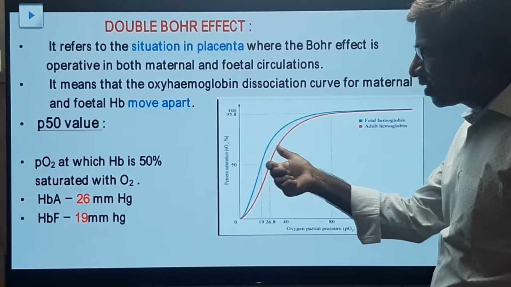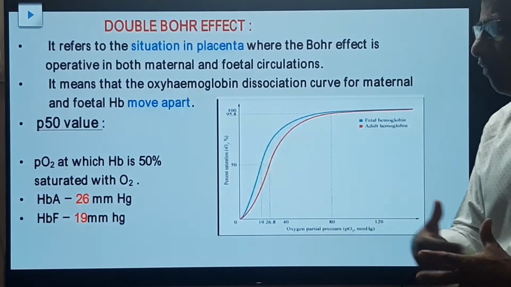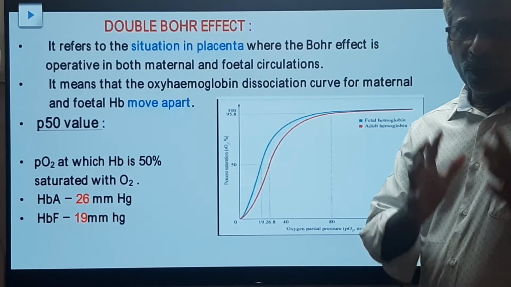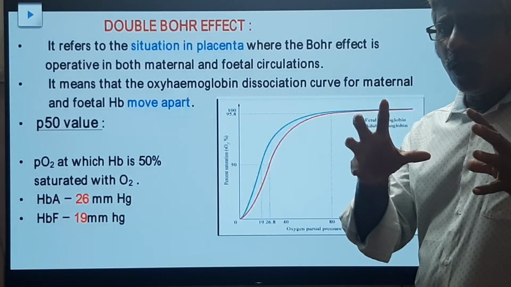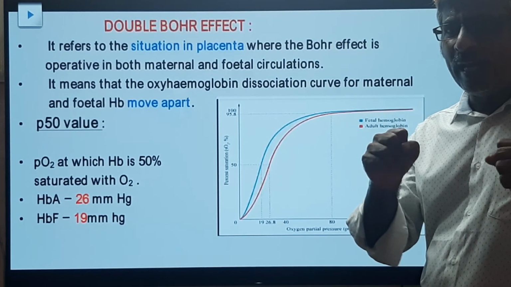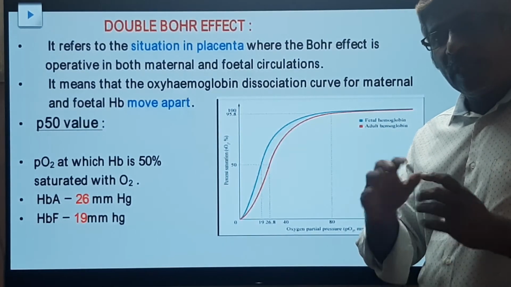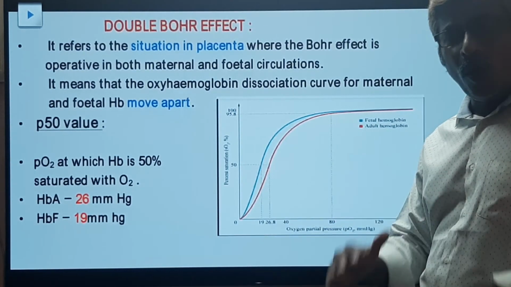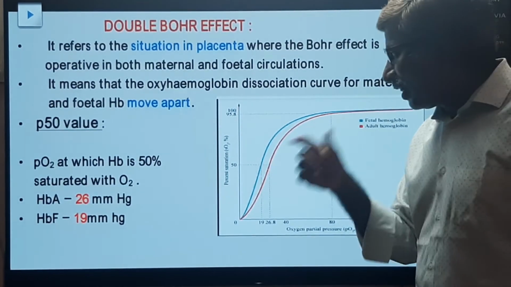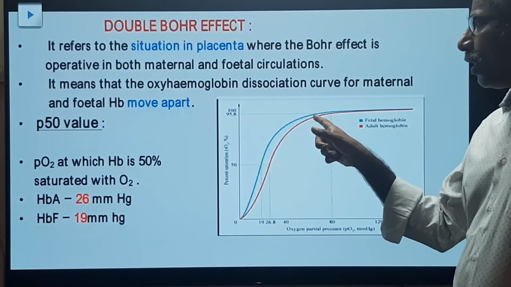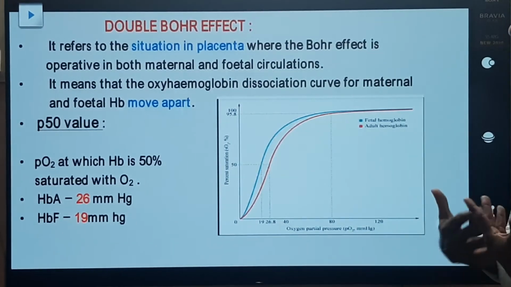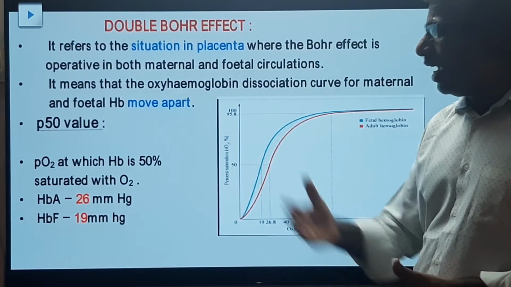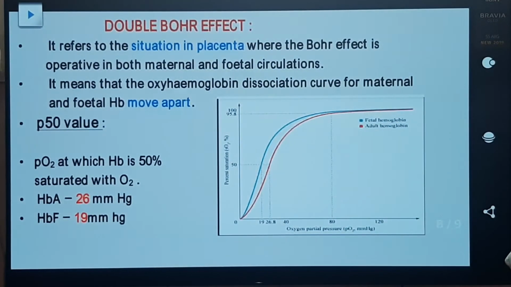That's why this is called the double Bohr effect. Hope you understand. Fetal hemoglobin has a holding capacity more than adult hemoglobin. That's why the fetus curve is moving towards the left side, compared to the normal sigmoid curve.